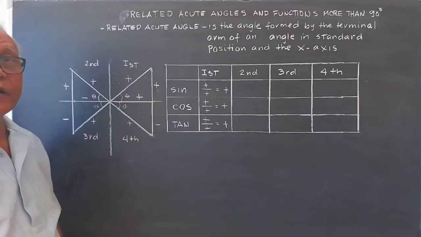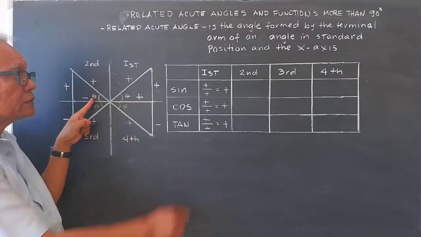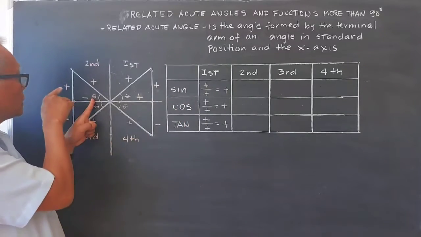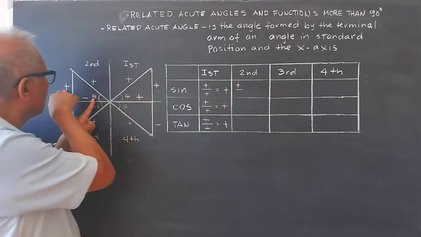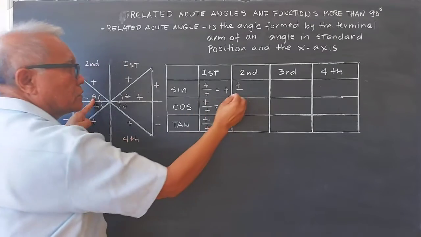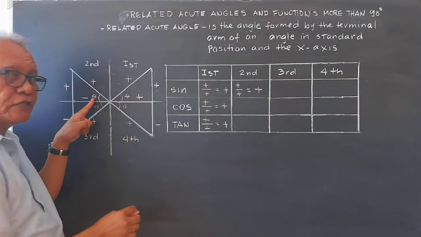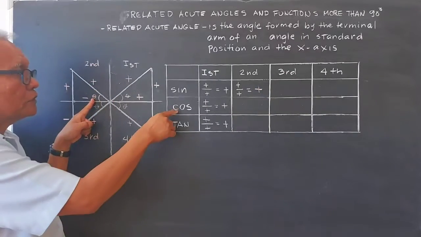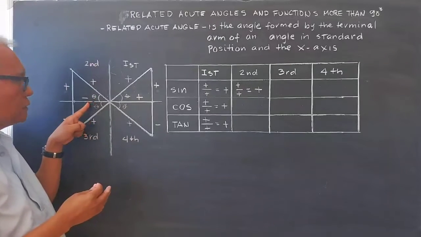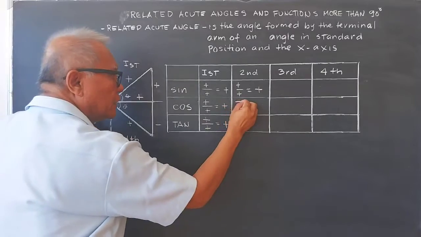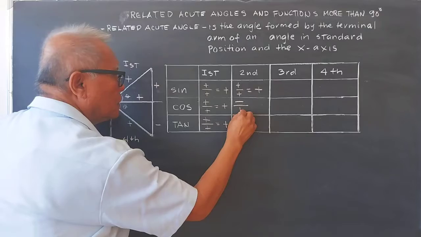Okay. Now let's look at the signs in the second quadrant. Sine is opposite, which is positive here, over the hypotenuse, which is always positive. So sine is positive in the second quadrant. What about the cosine in the second quadrant? Cosine is adjacent, which is now negative, over the hypotenuse, which is positive.